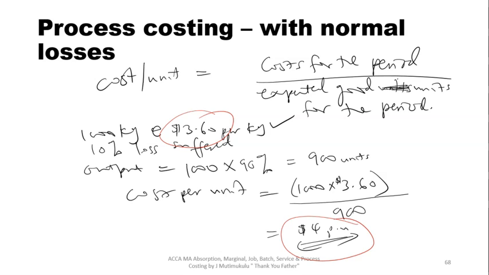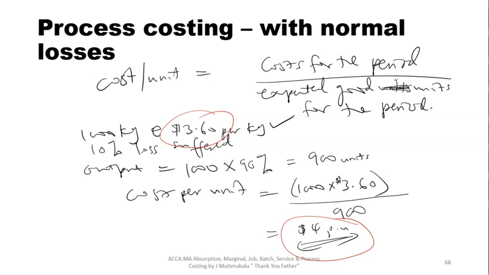Let's say we have already expected that we'll suffer about a 10% loss. However, from that loss, we could recover something to ensure that our production costs are not going to be higher. In this case, we had not recovered anything on the 10% loss. We assume that the loss was just disposed of at zero value.